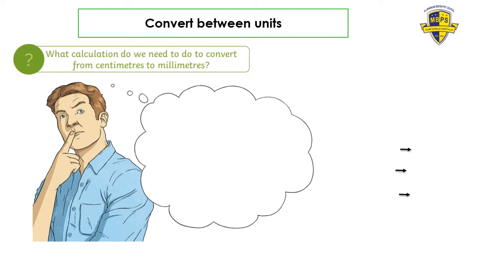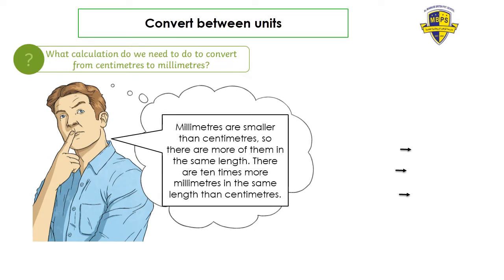Let's convert between units. He's asking himself, what calculation? Calculation means add, minus, multiply, or divide. What do we need to do to convert, for example, from centimeters to millimeters? Let's think together. I want to convert from centimeters to millimeters.